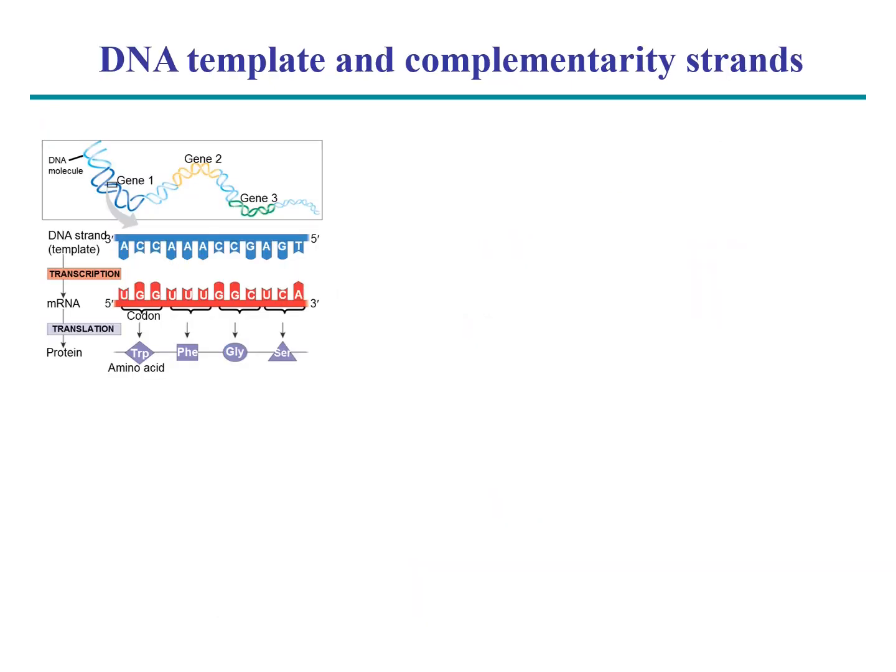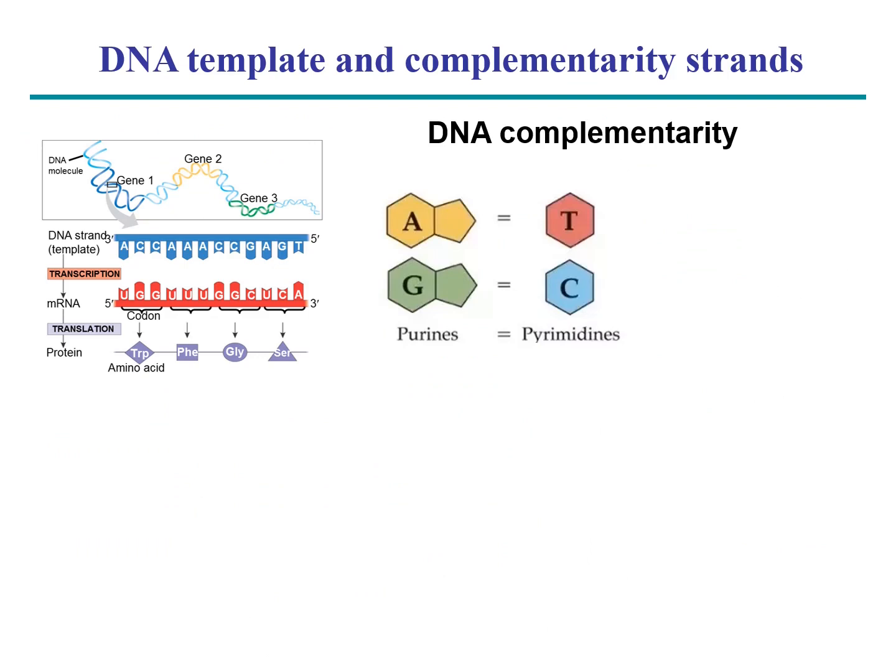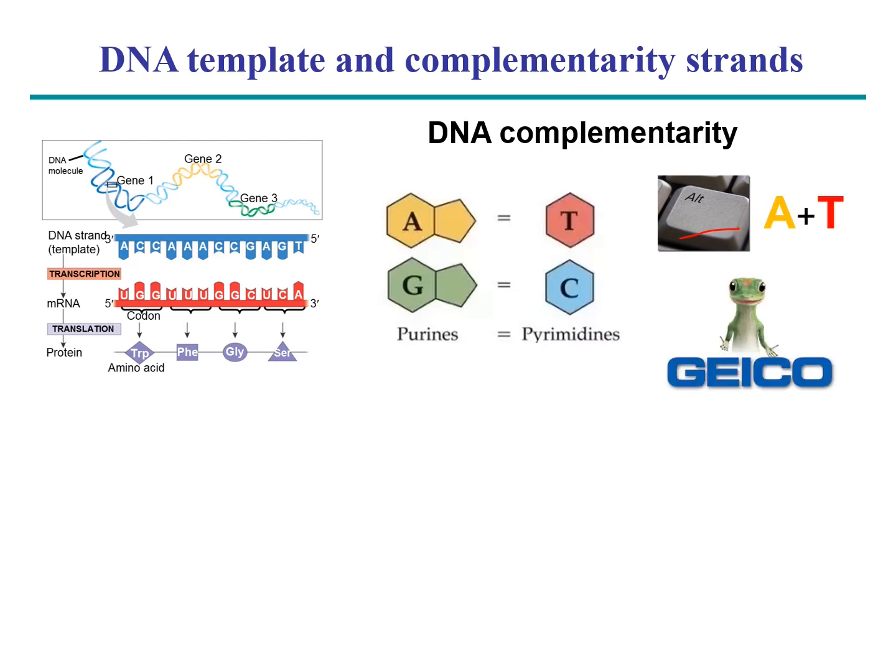Now we're going to talk about DNA complementarity, and we already talked about this, so we know that A will always pair with T, and I use my keyboard as a mnemonic to remember that A and T go together. Also G and C go together, and I remember the symbol of Geico. You can use this mnemonic, or you can use another mnemonic, or not use mnemonics.